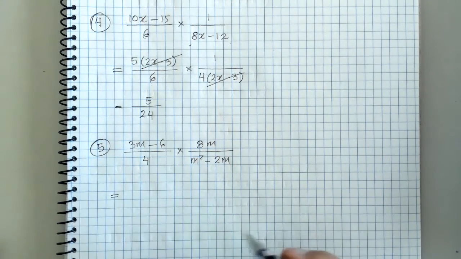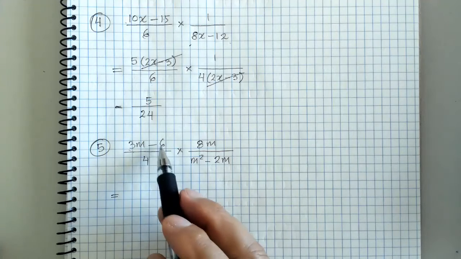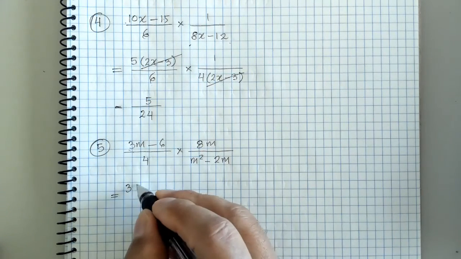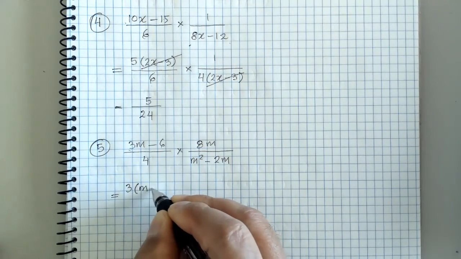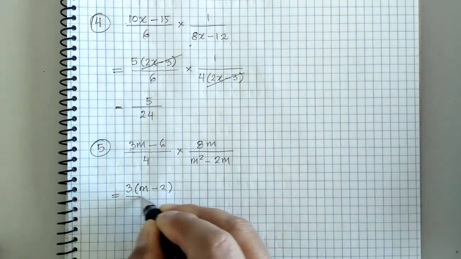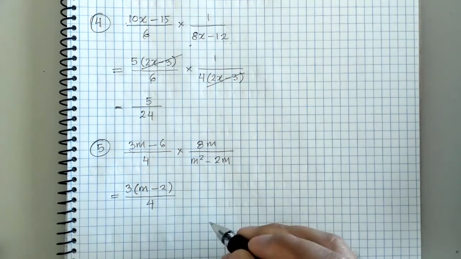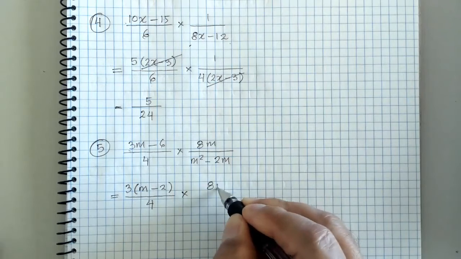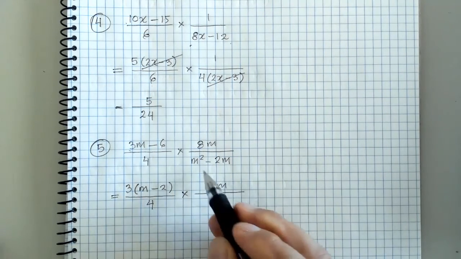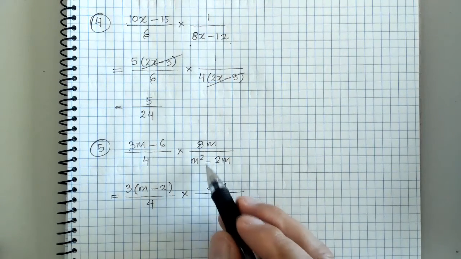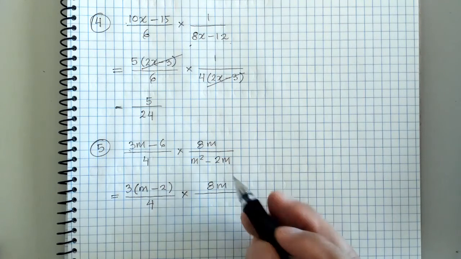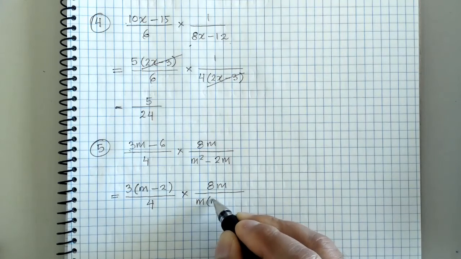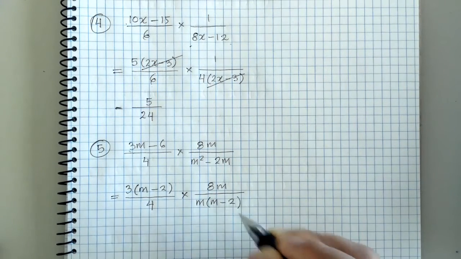The common factor for this is 3, and the other factor is going to be m minus 2, all over 4. And then we multiply that by 8m, and we take the common factor between m squared and 2m, which is m, and the other factor is going to be m minus 2.